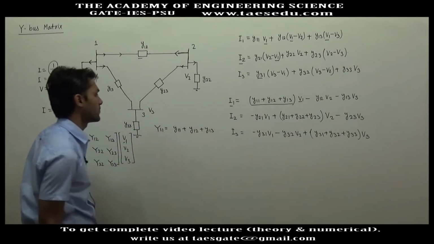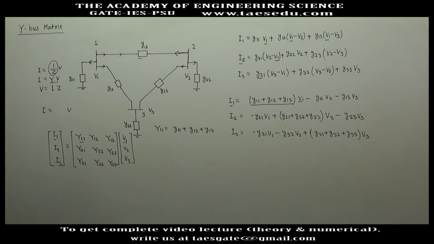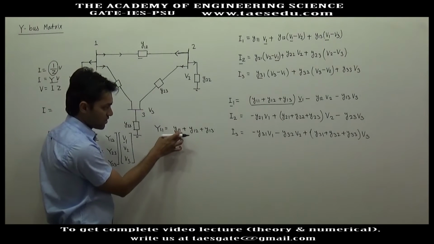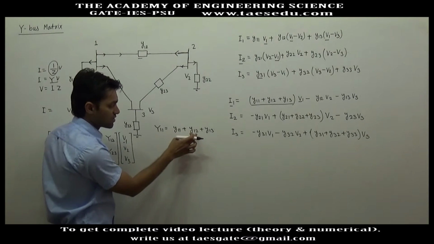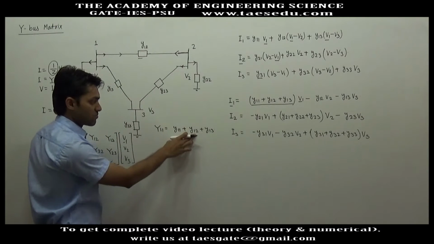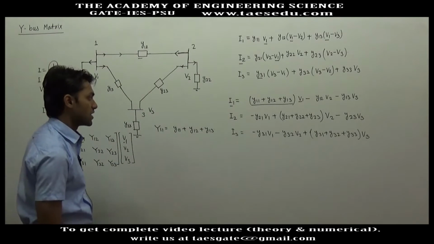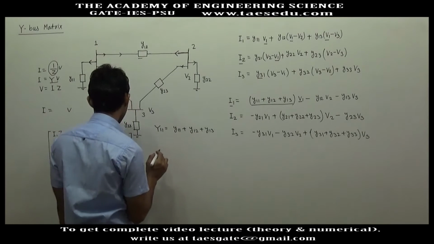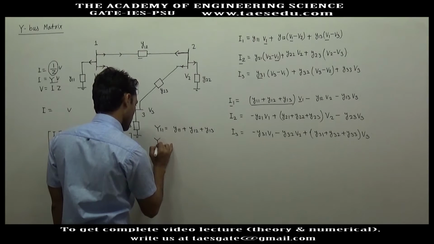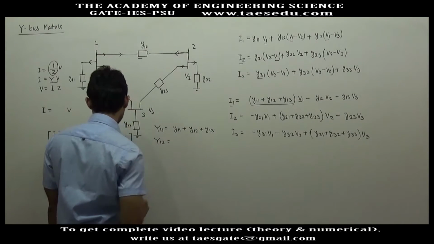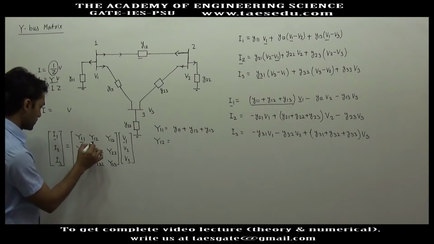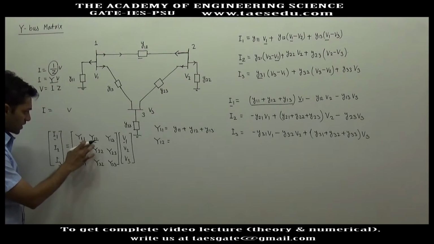And what is a small y? A small y represents various admittances. If it is y11, then it is the shunt admittance of bus 1. This is the admittance of the transmission line connecting bus 1 and bus 2. Okay. What will be capital Y12? Capital Y12 is the relationship between I1 and V2.